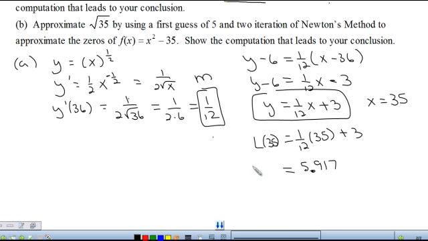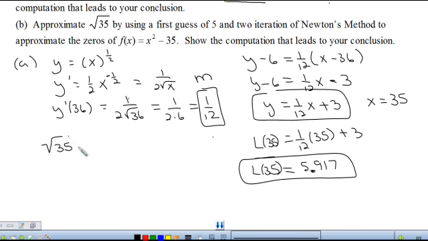Remember to always round it off to 3 decimal points. So that's what I think the square root of 35 is. If we use our calculator to find the square root of 35, it is 5.916079. So we're really close, so that's how we can check to make sure that we did this correct.